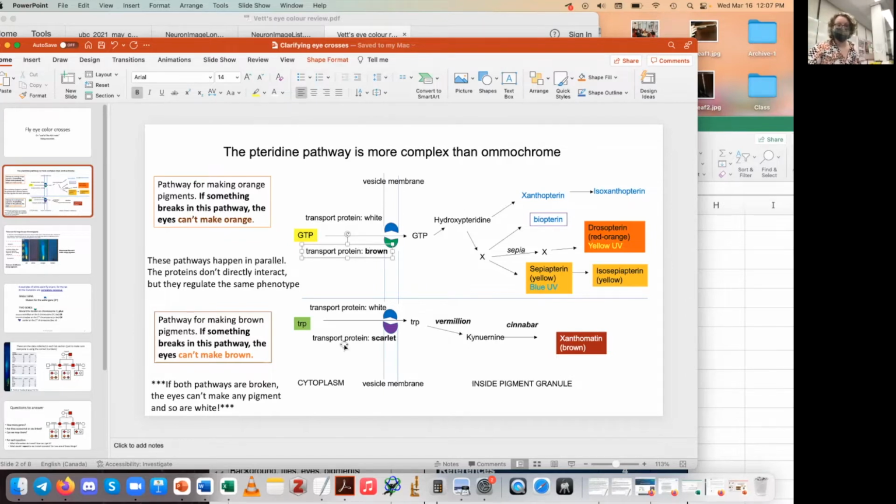Okay, so take home message: when you break a gene necessary to make brown, you will get orange eyes. Not because your parent passed you down the orange phenotype, but because your parent failed to pass down the ability to make brown.